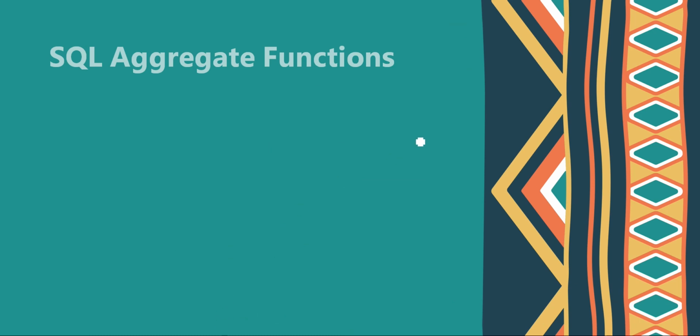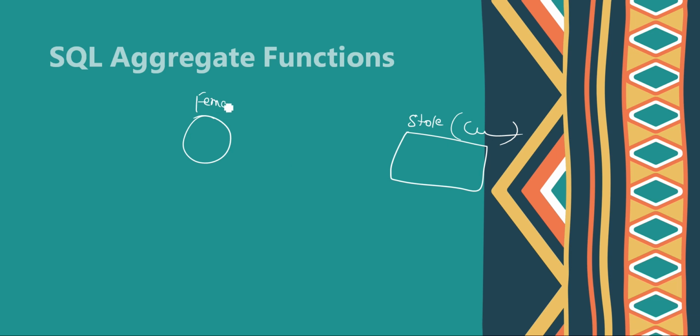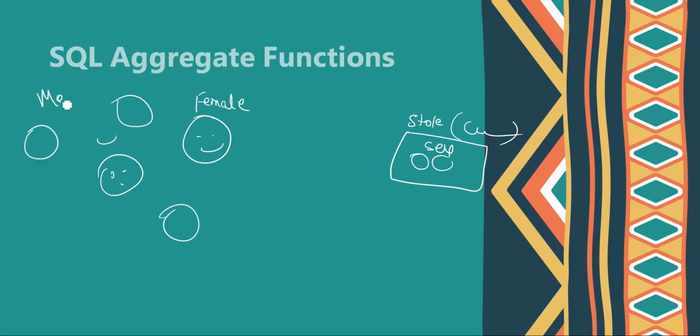So this is basically something like, let's say I have opened a stall of chow mein, and the first condition is that the person should be female. The person should be female only. So I am going to sell this chow mein only for the female category. Let's say in our crowd we have some men, we have some females, right?